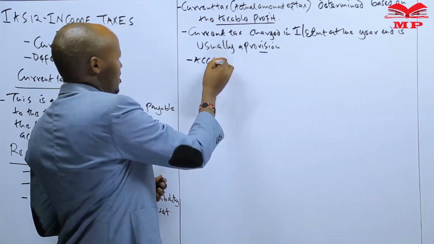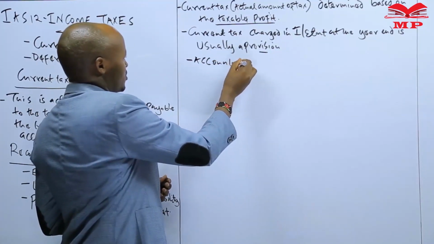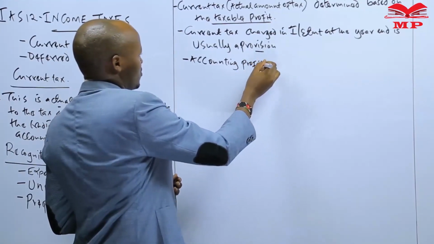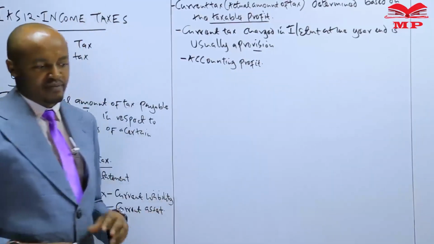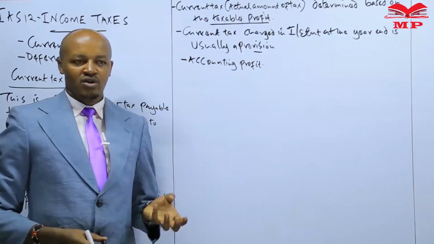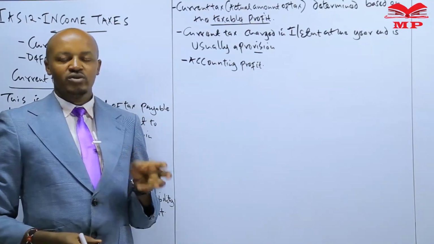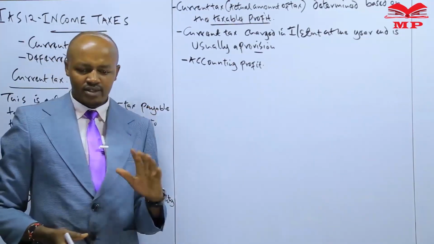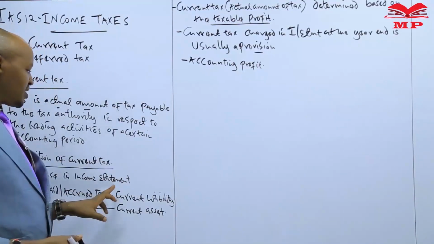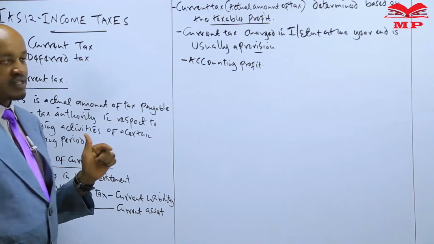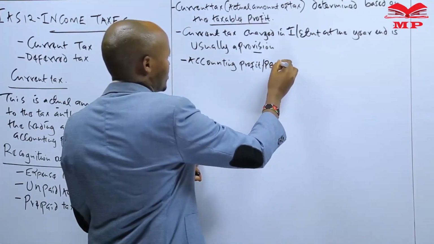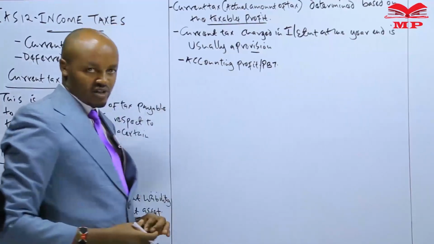Before we go back to this, when we talk about accounting profit, we say that this is a profit which is computed by the company based on the accounting concepts and also the accounting policies applied by an entity. And therefore, once an entity prepares the income statement at the end of the year, that profit which is reported there, or what in other terms we refer to as the profit before tax, is the accounting profit.